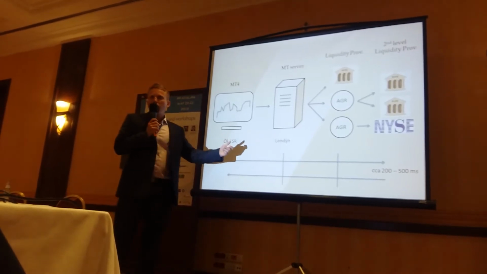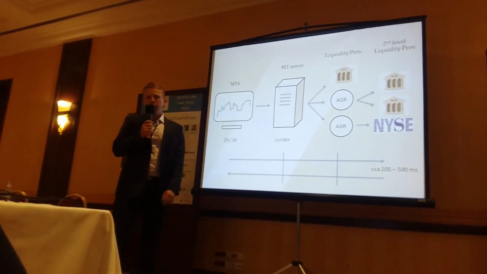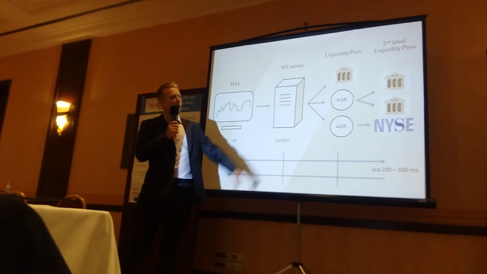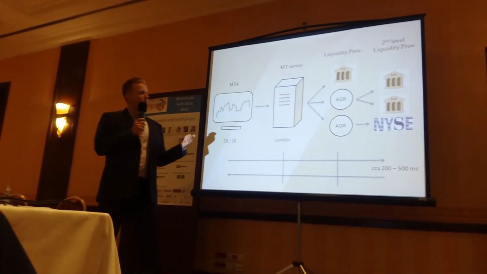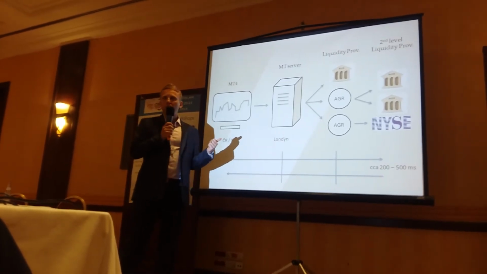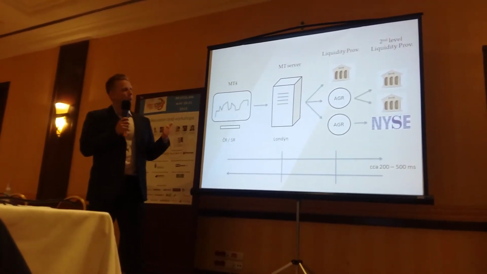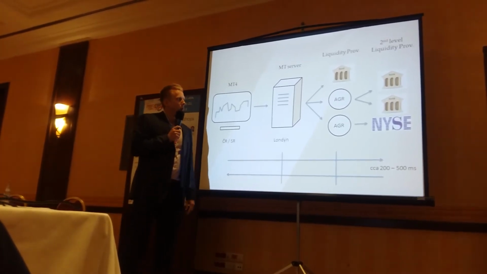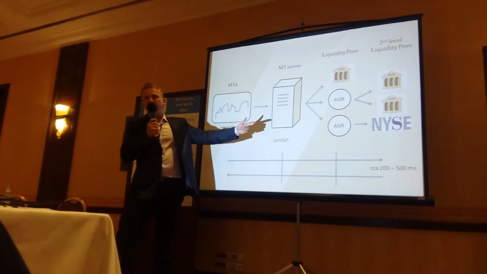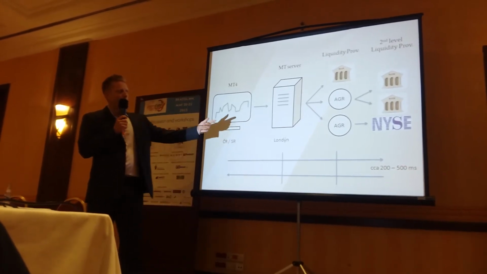So the STP broker usually has a couple of liquidity providers. That's the third step, as you can see. And again, it can be variable. One of the options is that it's a bank. The other option is that the broker has a so-called aggregator. And this is represented in the picture. This is actually our situation.